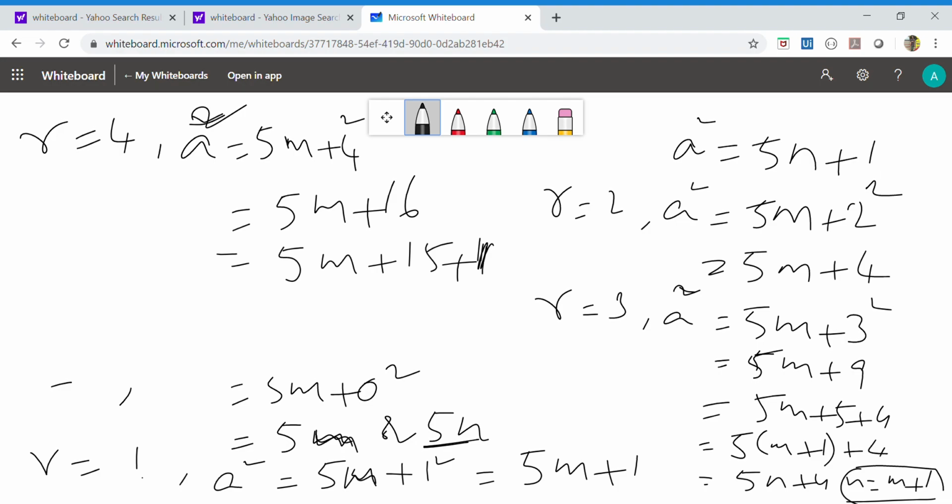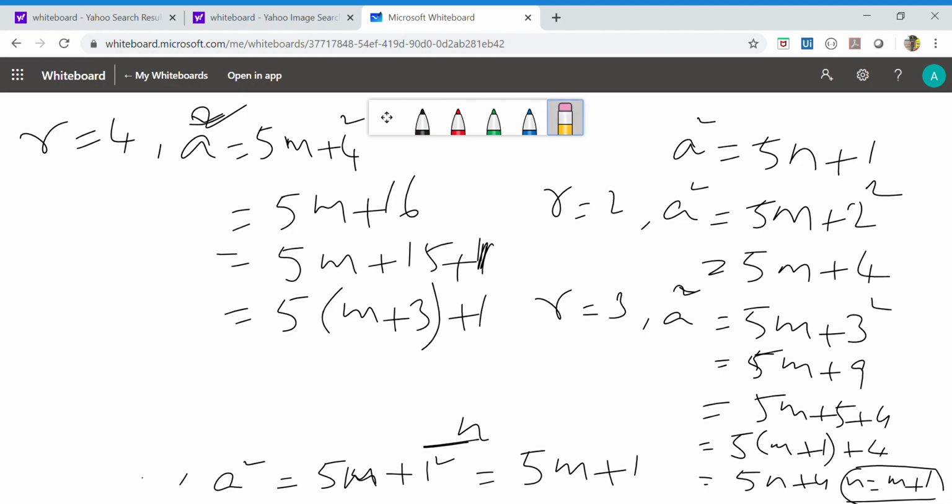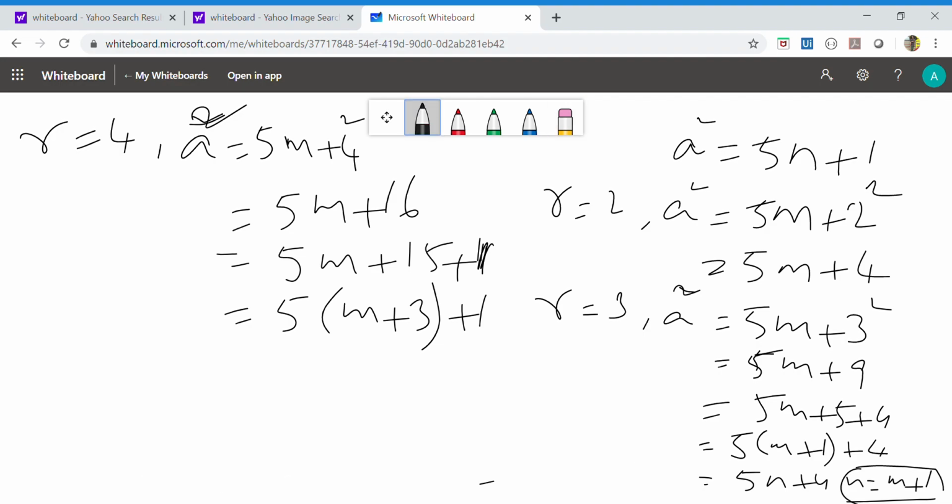So 5 can be taken as common: 5 of (m plus 3) plus 1. Here m plus 3 can be taken as n, because that is also an integer. Again for r equal to 4, a square is equal to 5n plus 1.